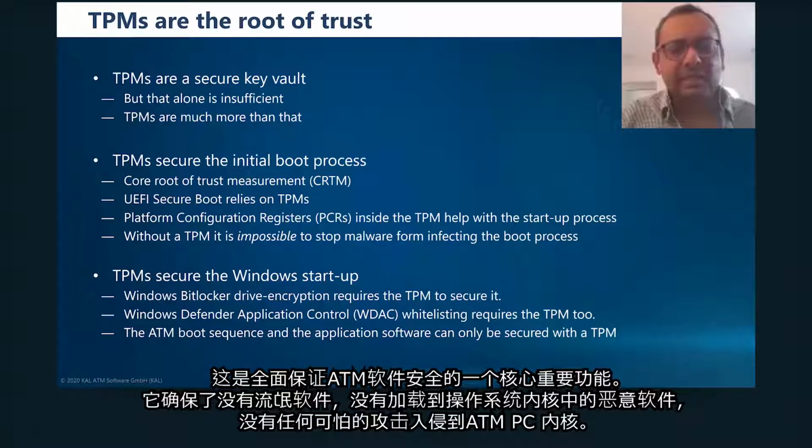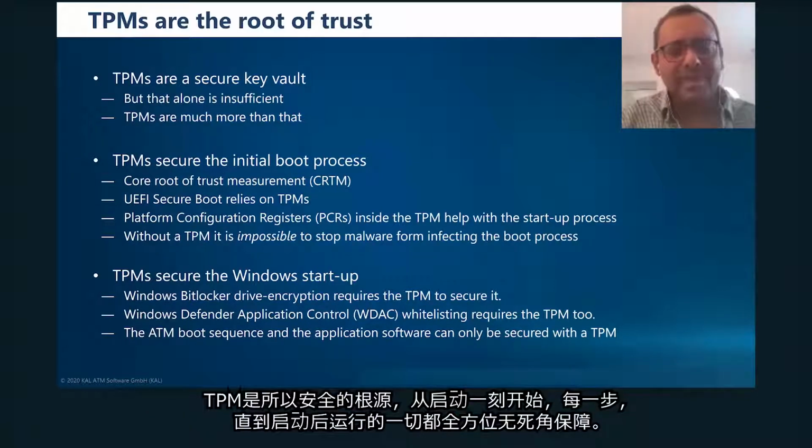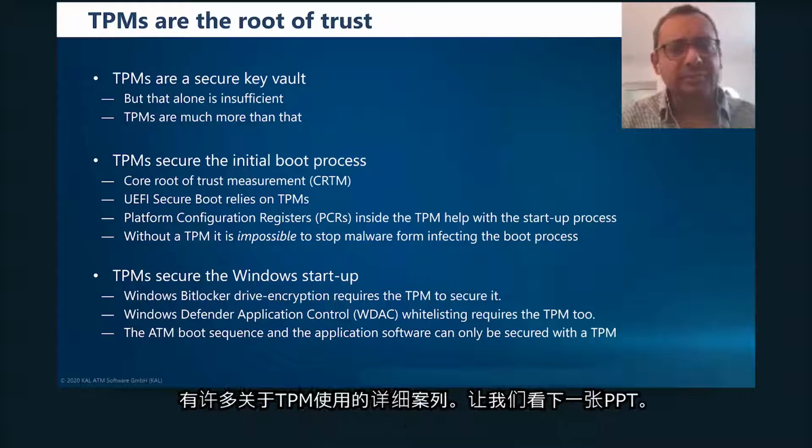And this is a critically important part of making ATM software fully secure, making sure that there's no malware, there are no rootkits, there's nothing really horrible inside the ATM PC core. The TPM is the root of that security that makes sure that everything that is in the boot sequence and everything that is run afterwards is fully secured.